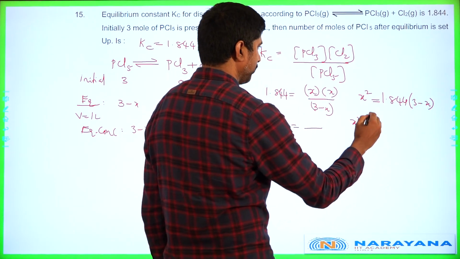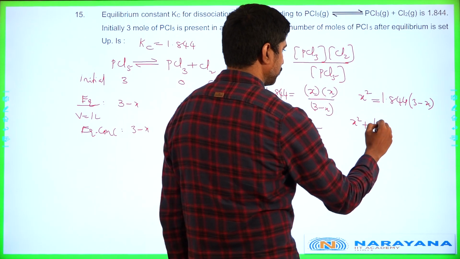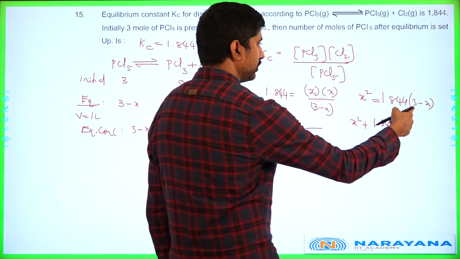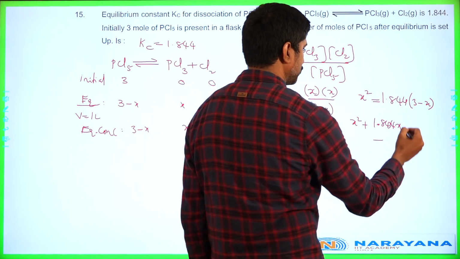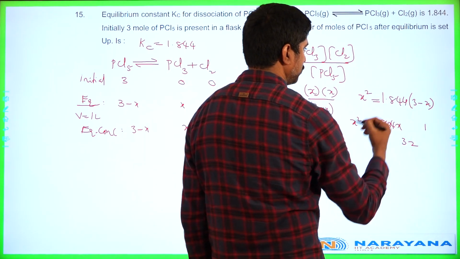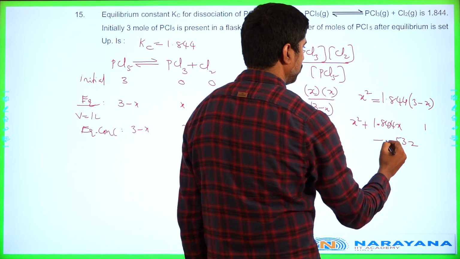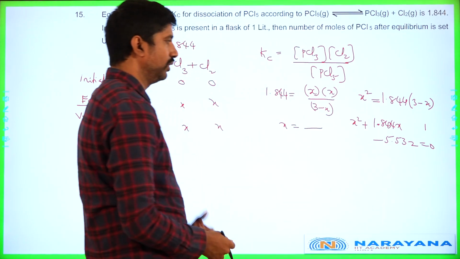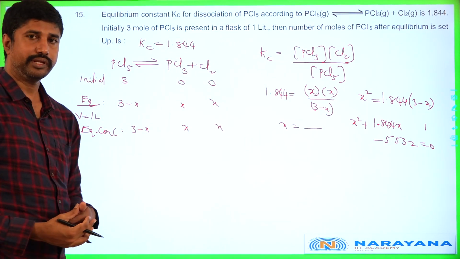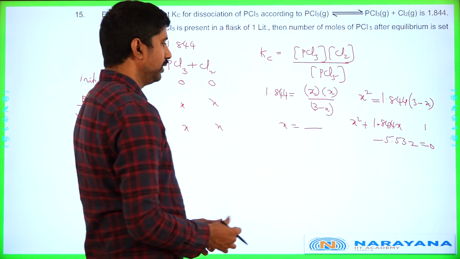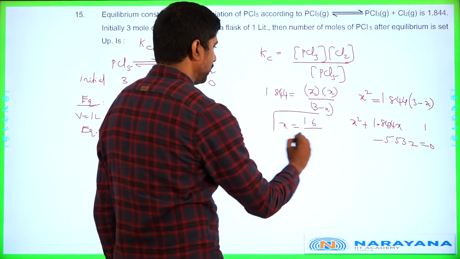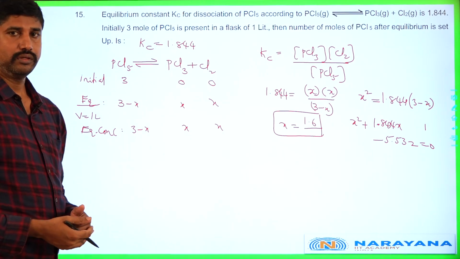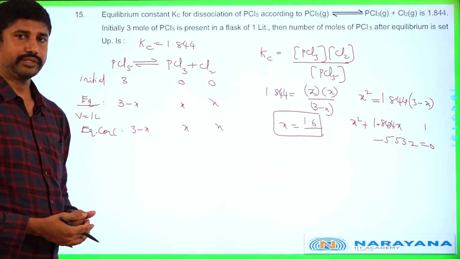So x square plus 1.844x minus 5.532 is equal to 0. Solve for x and identify the nearest value. If you solve that, the value of x is close to 1.6.